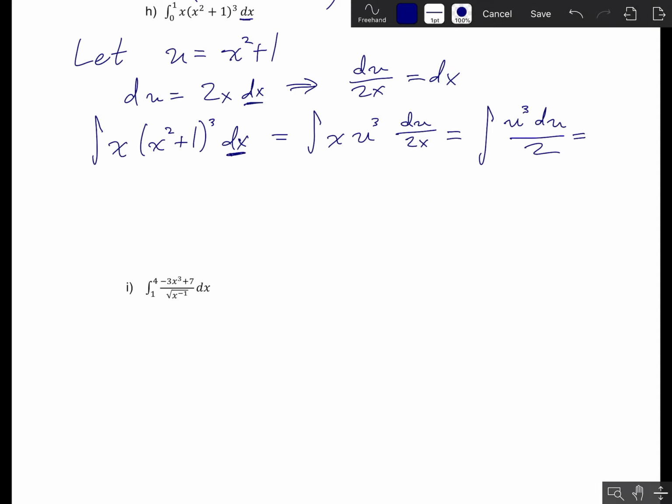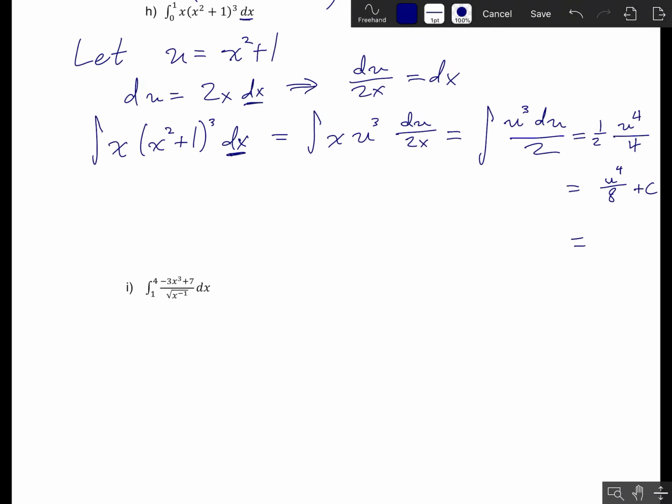Now that 1/2 is just going to be around for the ride, so if you want, we can put the 1/2 out here. But we would then integrate u cubed, and that would give us u to the 4th power, because we increment the power by 1 and then divide by 4. So this will give us u to the 4th divided by 8 altogether, if we just multiply the denominators.